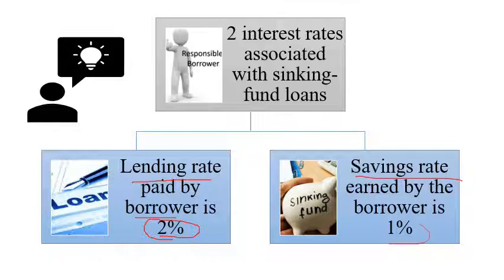In our case it is 1%. Quarterly interest rate on the sinking fund is 1%, which means any payments deposited by the borrower in the sinking fund will earn 1% over the term he or she agreed with the fund.